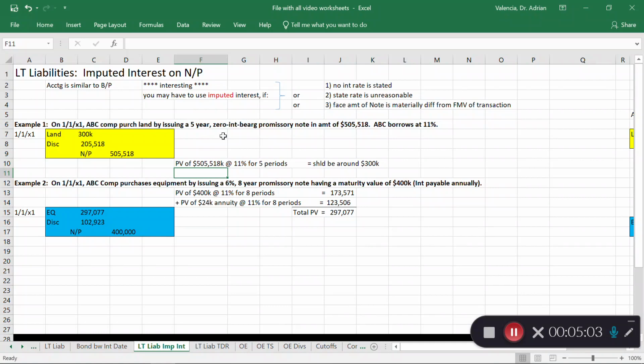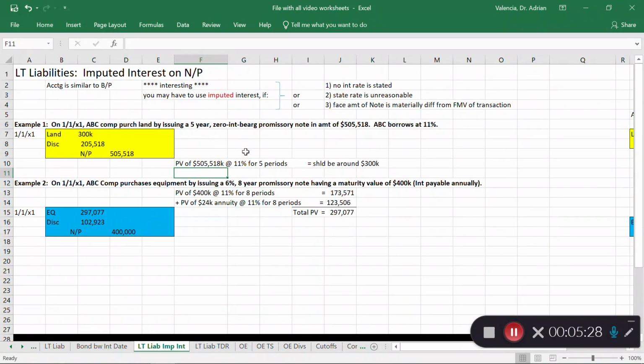And it's just for 5 periods. So when I do that present value calculation, this should be around $300,000. Let's just assume that's what it is. Which means that even though there's an amount of $505,000 being spoken, the true value of the exchange is that $300,000, which is the present value of those future cash flows.